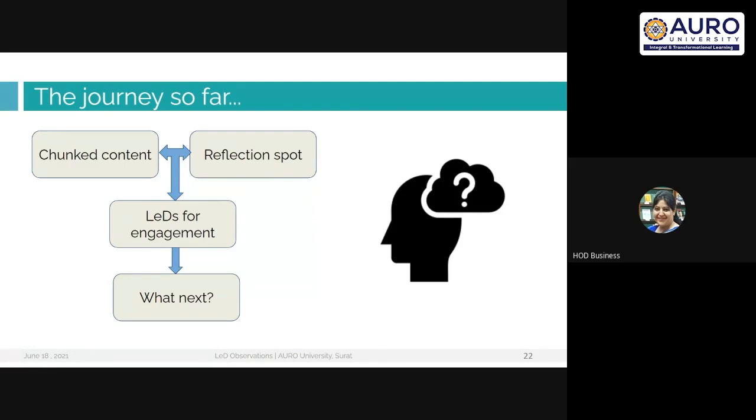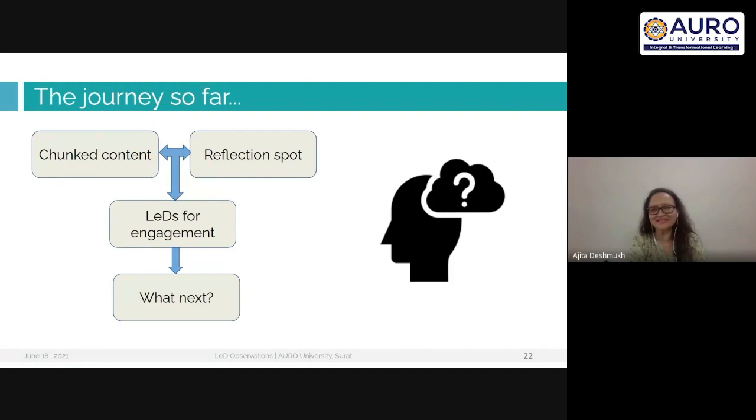Many times people may not have the ability to read it properly or articulate it properly. So can we have another innovation of audio reflection spots, wherein somebody is just talking and introspecting? Can we do that also?